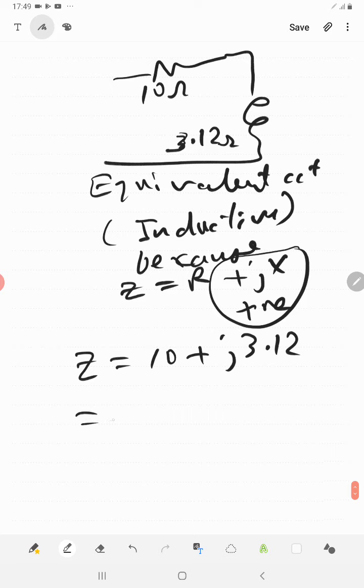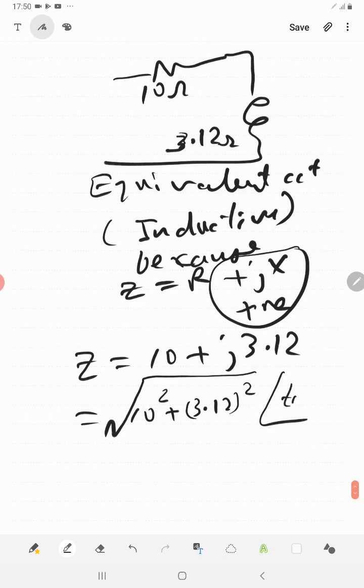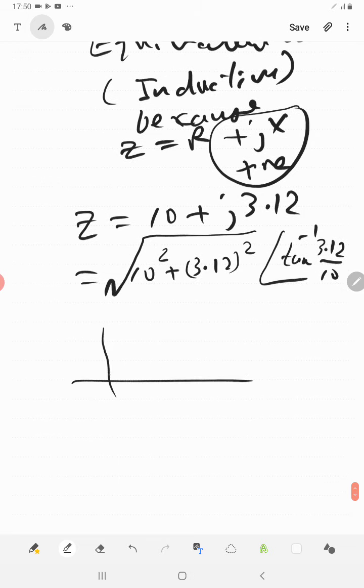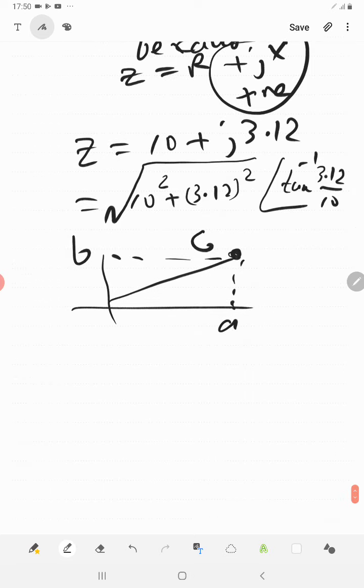Now, we can say simply Z is equal to 10 plus j3.12. We can convert it to the square root of 10 squared plus 3.12 squared, with angle tan inverse of 3.12 divided by 10. If we have a vector C, with A and B, then we say simply C equals A plus jB. A is the real part, B is the imaginary part, and this is theta.